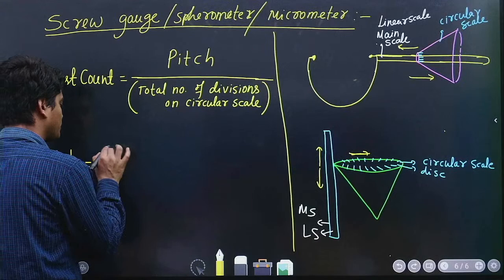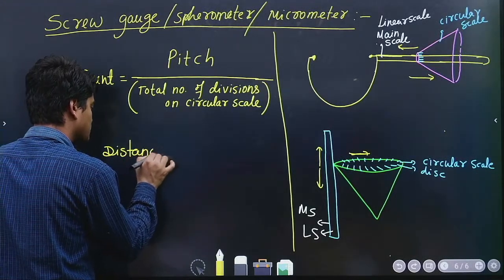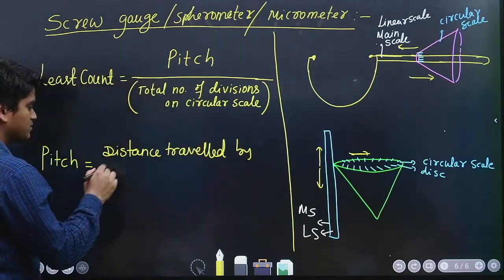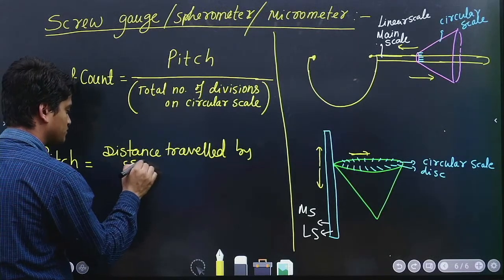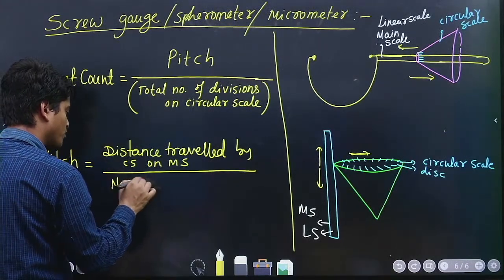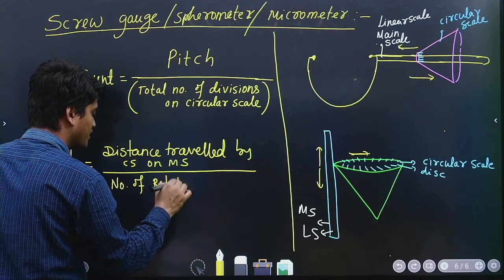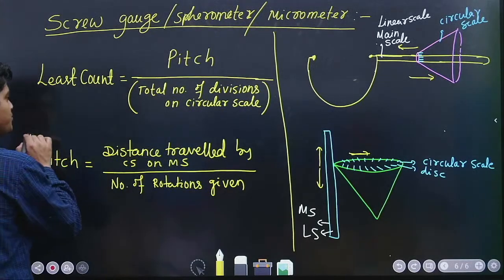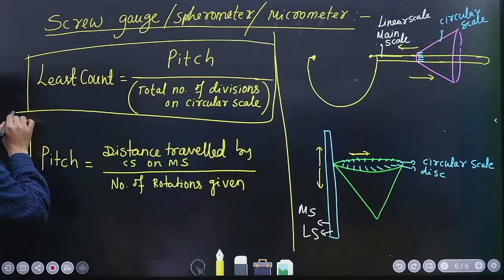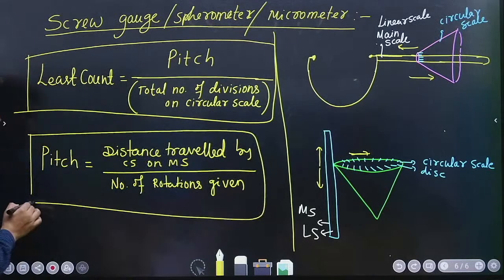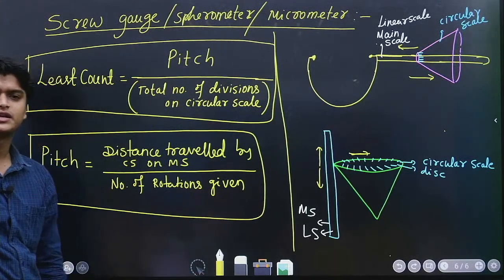So what they are telling is that pitch is nothing but the distance traveled by the circular scale on the main scale divided by the number of rotations given to the circular scale. So this is your pitch, and this is the main formula for the least count. For pitch, remember: distance traveled by circular scale on main scale divided by number of rotations given.